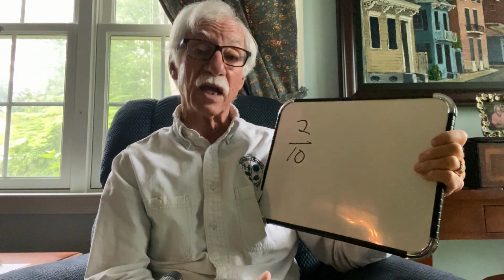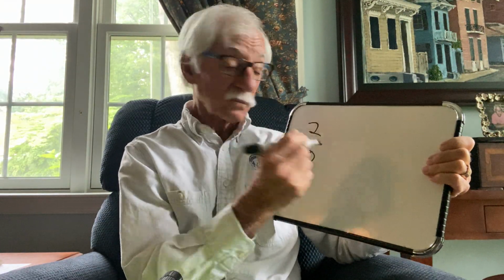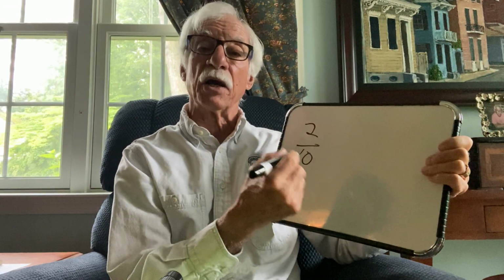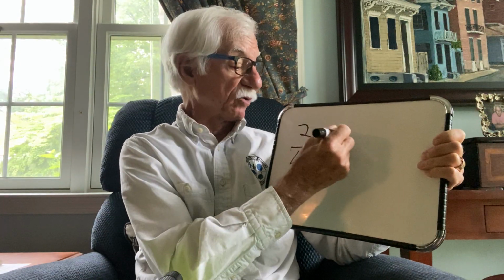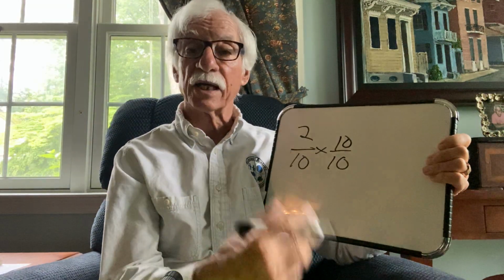How can I make 2/10 into percent? Well, remember, I can multiply any number by 1 and it doesn't change the number, but I can change the structure of the number. So in this case, if I want to make that denominator into 100, I need to multiply by another 10, don't I? But remember, it's got to be 1. So if I multiply by 10/10, that's 1.